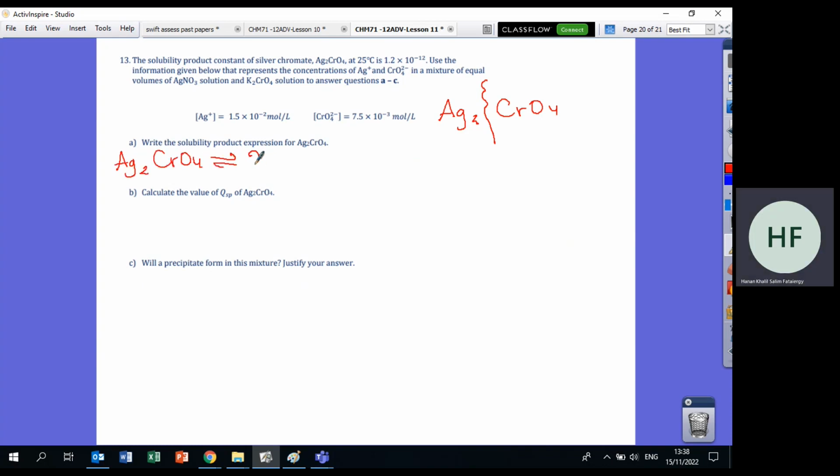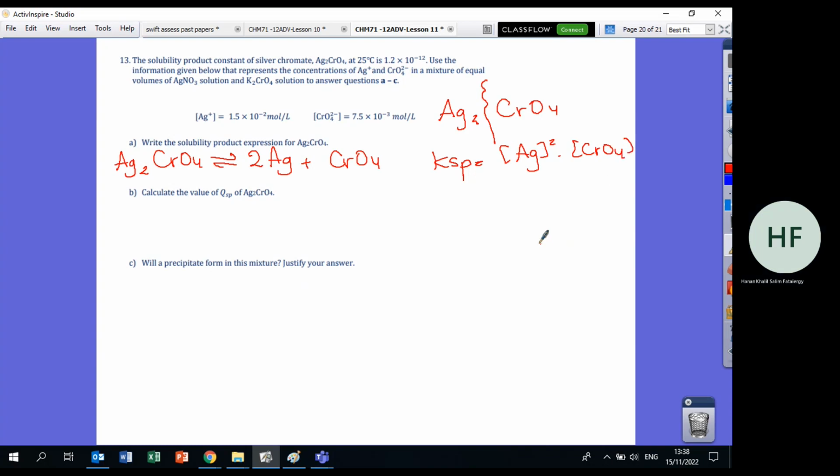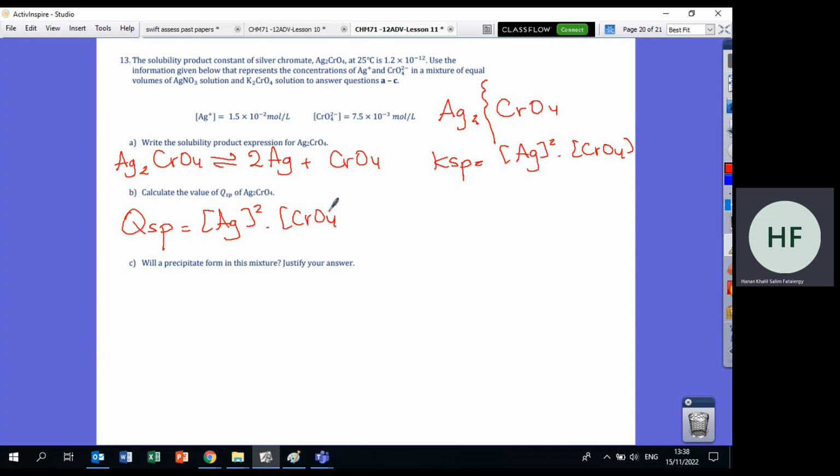It will give you 2Ag plus CrO4. Now the KSP will be products over reactants, Ag squared times CrO4. Calculate QSP. QSP, which I'm not sure about, is equal to Ag squared times CrO4.